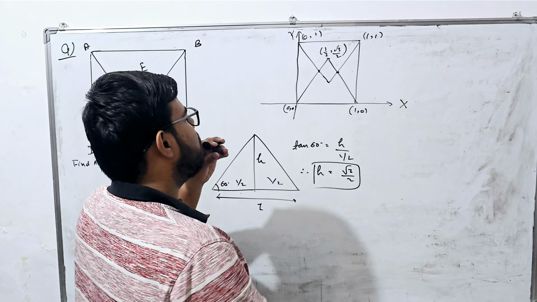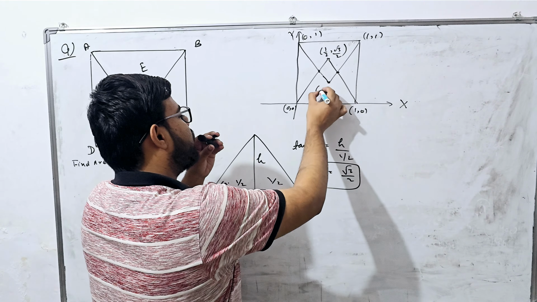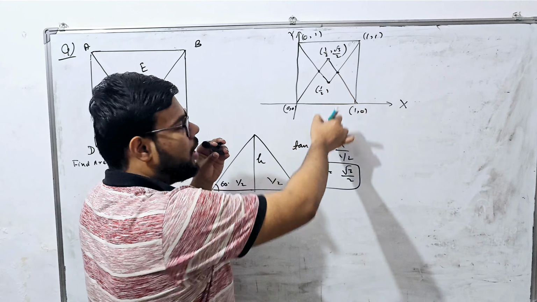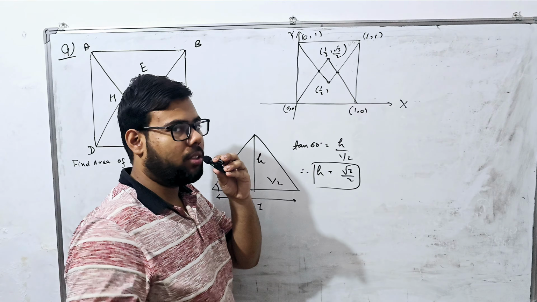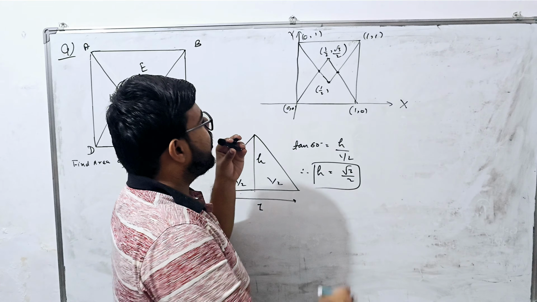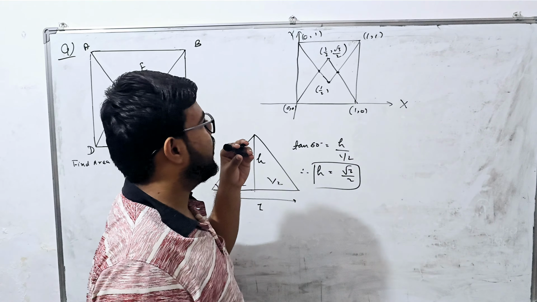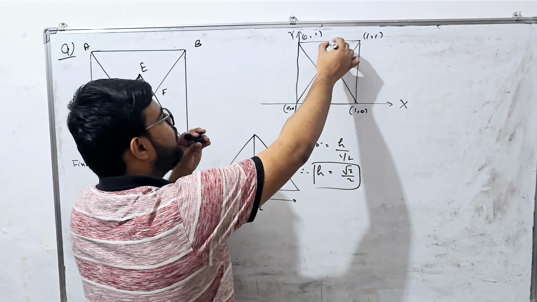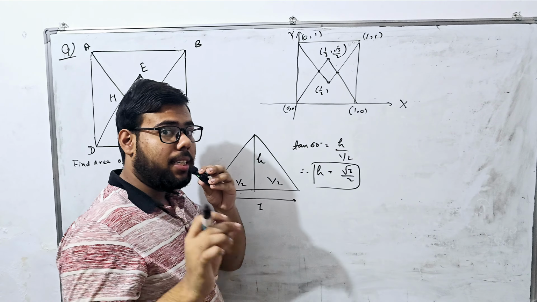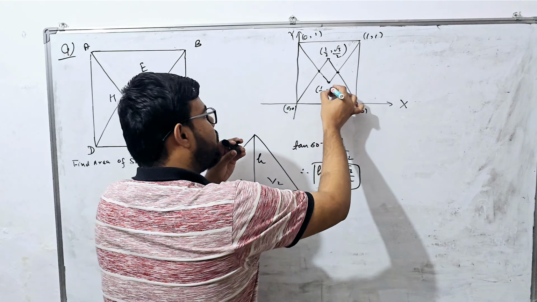Now similarly, of course, the x coordinate is still the same because it is along the same line, right? But what will be the coordinate of y? We have to check that. Of course, it will also be root 3 by 2 from the top, but since the complete side length is equal to 1, it will become 1 minus root 3 by 2, correct?